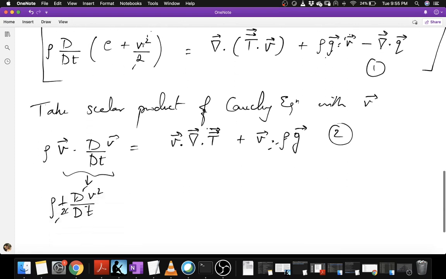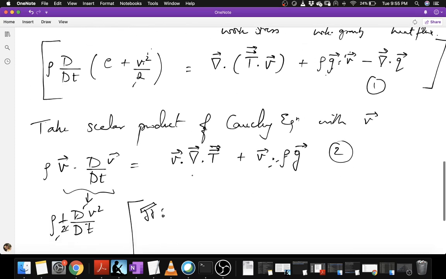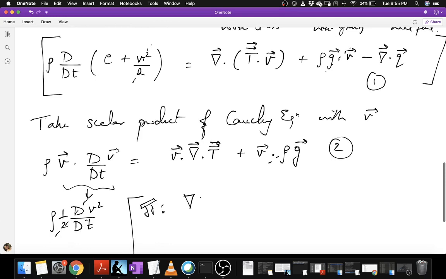So here we can use an identity. We have the following vector identity, which you can prove and which has been proved in standard books on vector analysis, so we just take it as a given here.